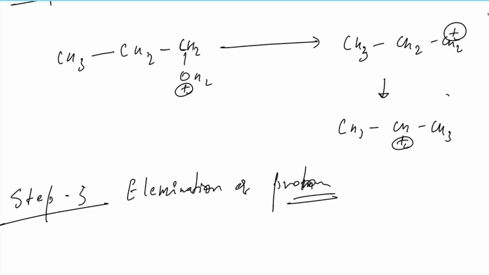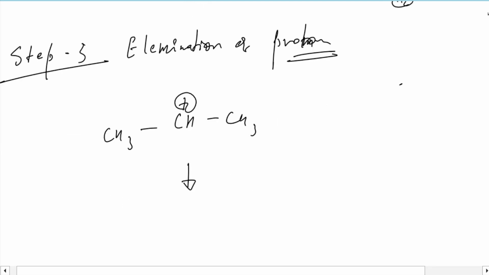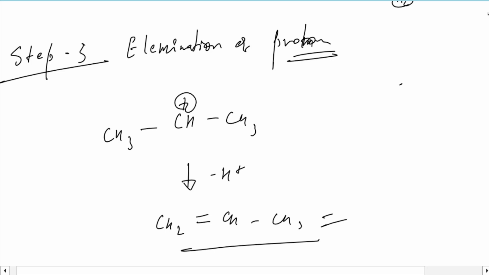Now removal of a proton from either side carbon will form the same alkene, that's prop-1-ene, from the secondary carbocation. H plus will be released from here, and CH2=CH-CH3, prop-1-ene, will be formed.